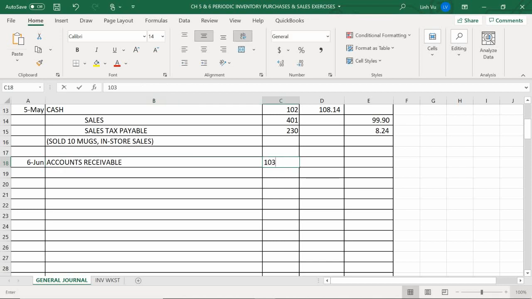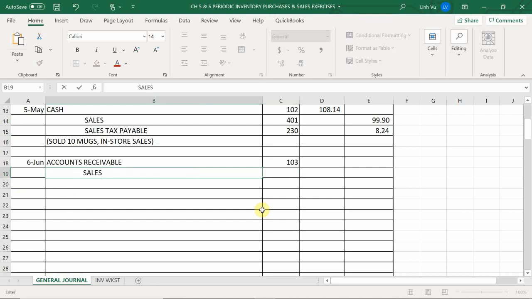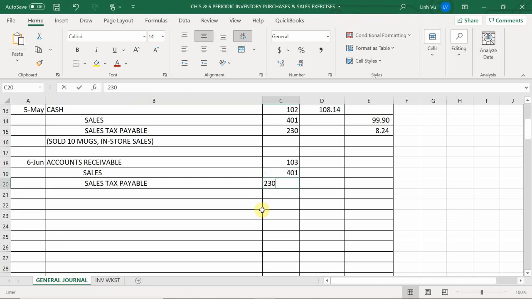What else do we need to recognize? The sales, yes, because we sold stuff to a customer. And of course, sales tax. Very cool. So again, 401 and 230.